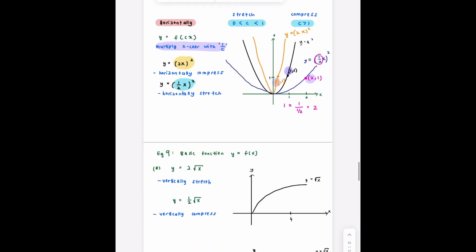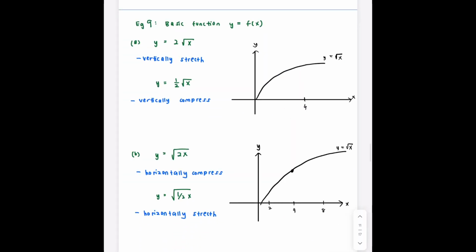Okay, let's look at the basic example first. Y equal to f(x), the basic function. Let's say we have the square root function. So the basic function here is actually y equal to square root of x.